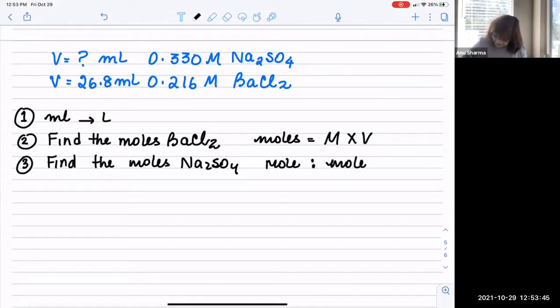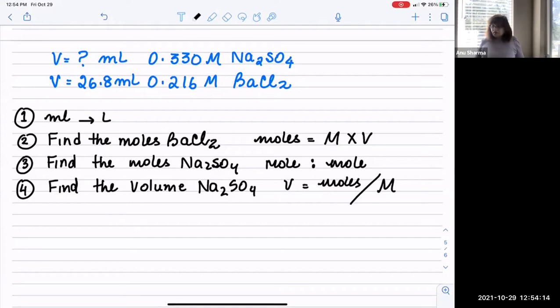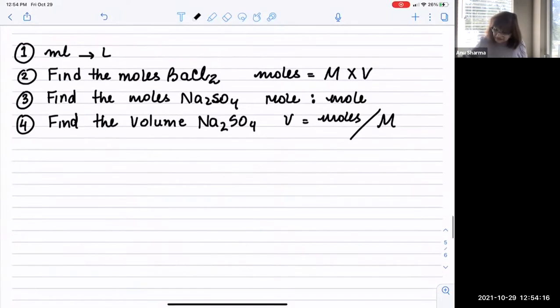Next, you have the moles and the molarity, so you find the volume of Na2SO4 using volume equals moles over molarity. This is the basic strategy.